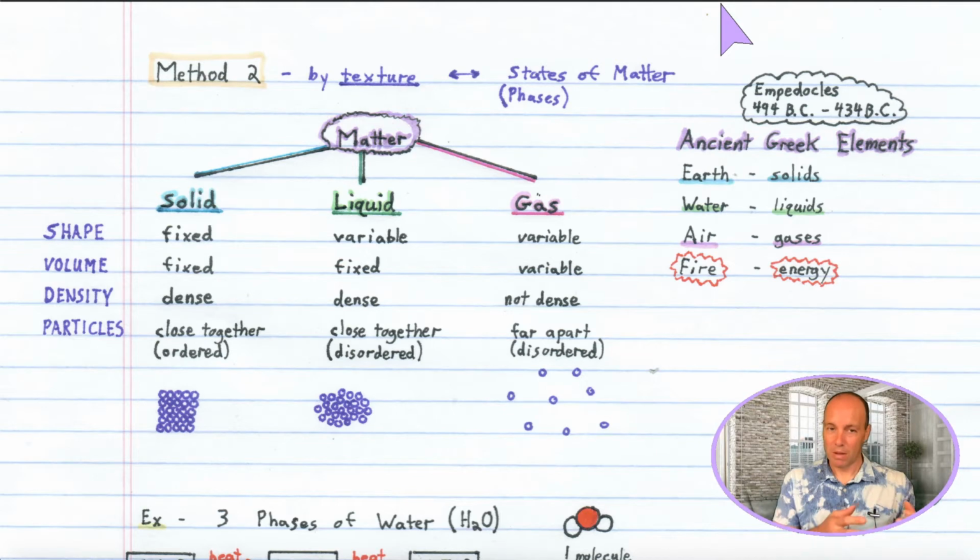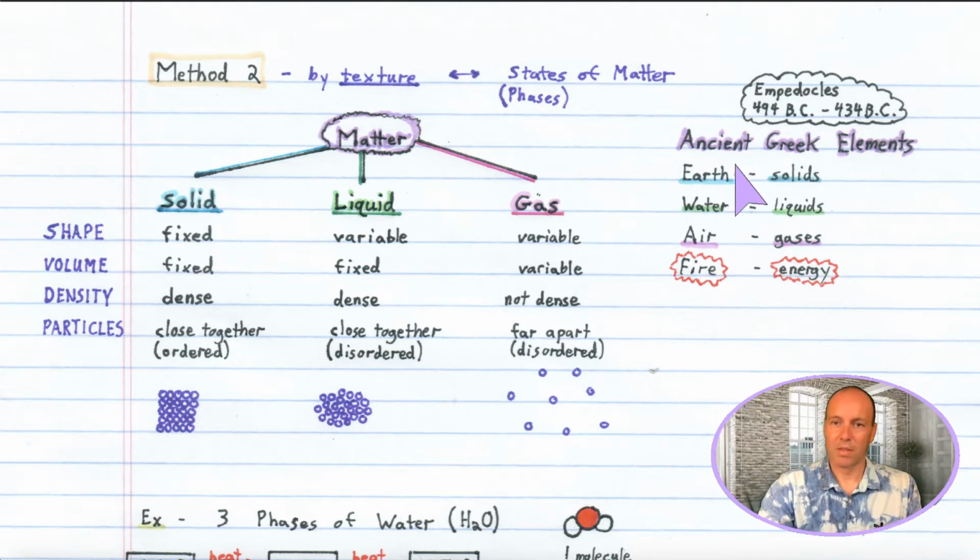If you go back again to the ancient Greeks, the first person to think about and basically say that matter is divided into these three categories, although he had four categories, his name is Empedocles, and he lived from 494 BC to 434 BC. And perhaps you've heard of the four elements: earth, water, air, and fire.